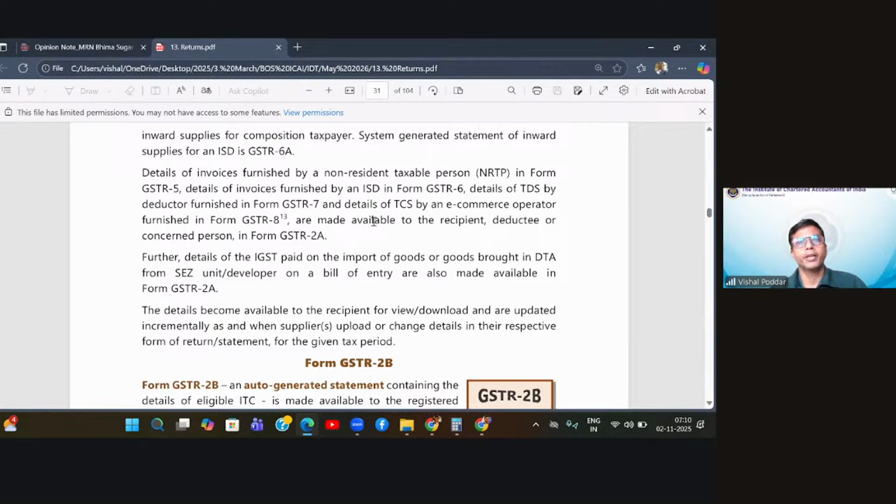My doubt is whether the TDS or TCS deducted by the deductor is visible to the recipient, or the tax paid by the supplier itself is visible to the recipient for ITC. What is the confusion between these words supplier and deductor? Are you discussing whether it is deducted by supplier or by deductor?